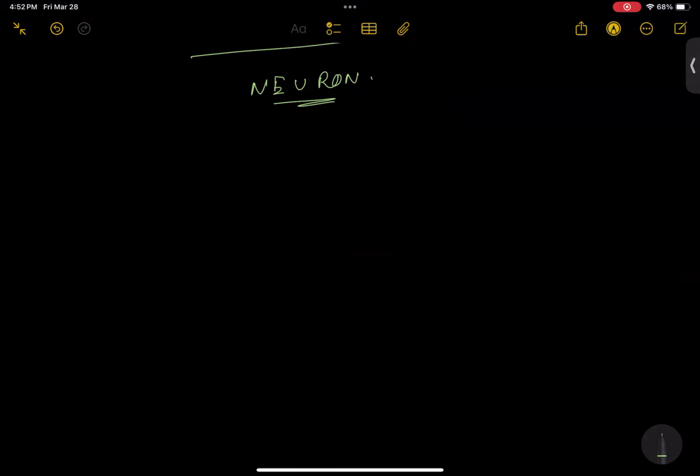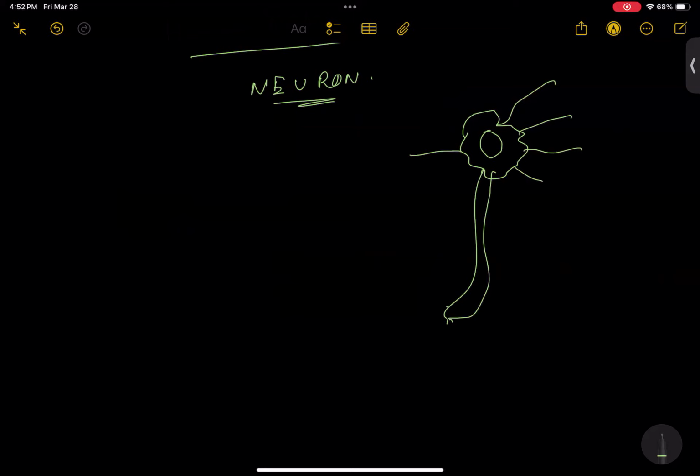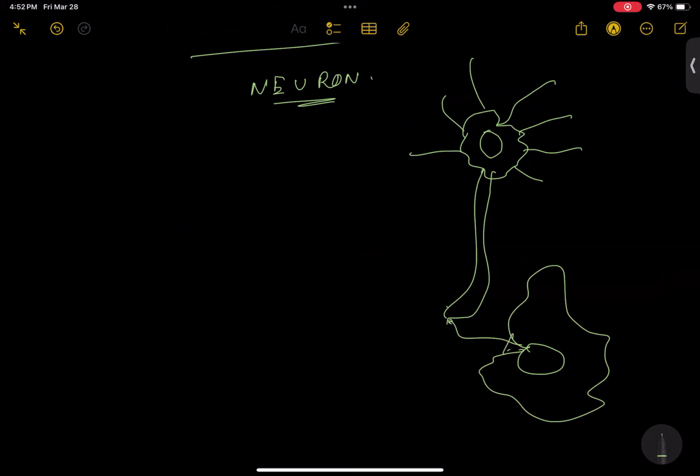Let me try to draw from my memory: this is one neuron, and this is another neuron, and they are connected.